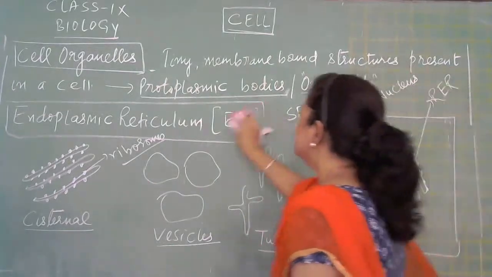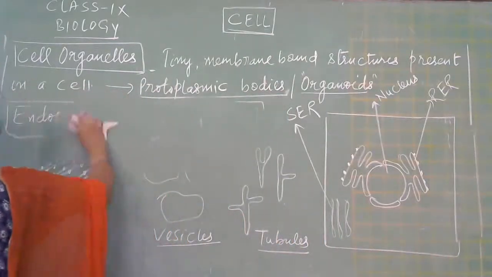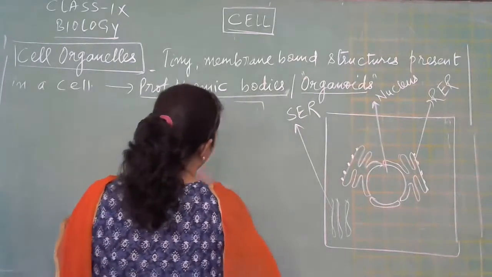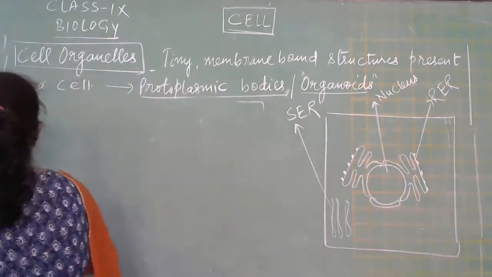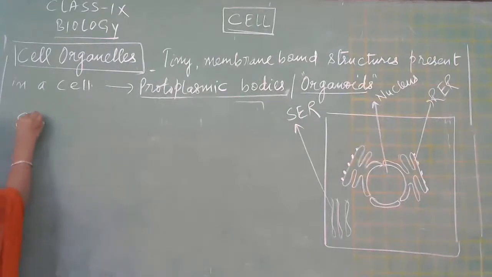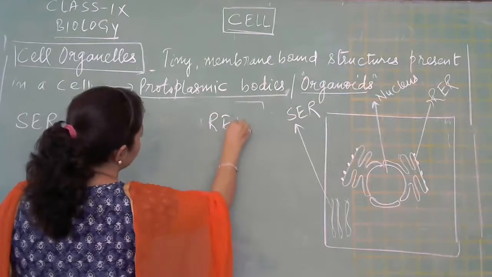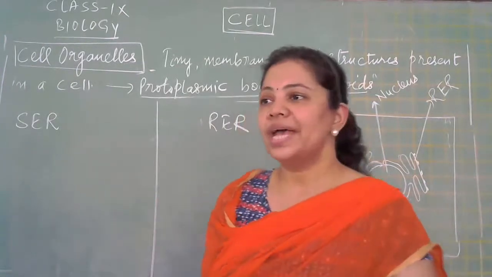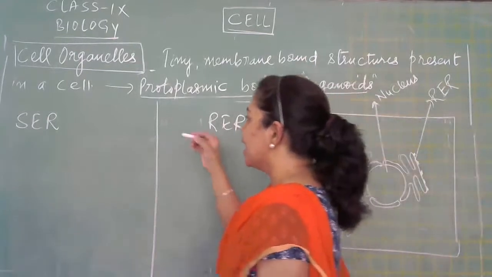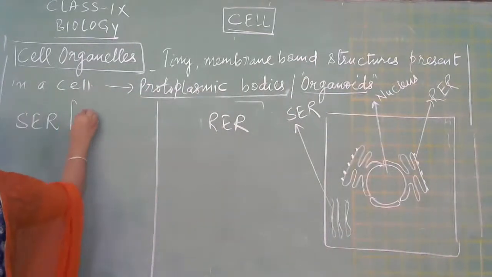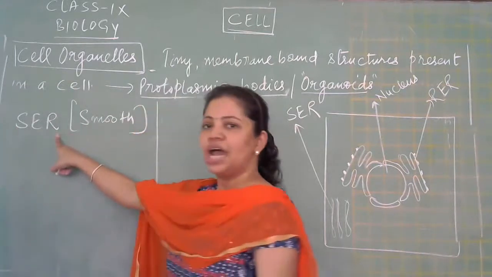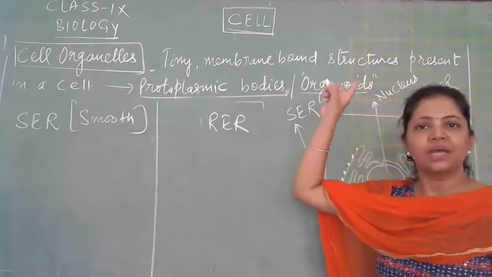Now let's see the types of endoplasmic reticulum. So the types are SER and RER. SER means S stands for smooth, and ER we already know, endoplasmic reticulum.